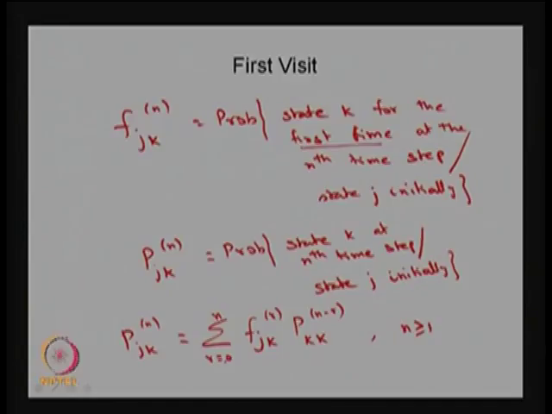The possible r can be 0 to n, and n can vary from 1 to infinity.